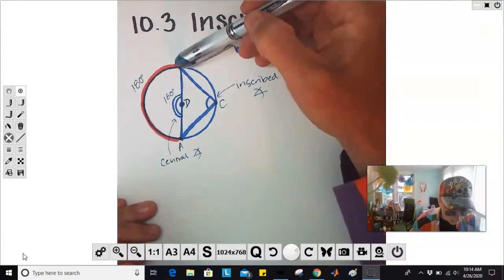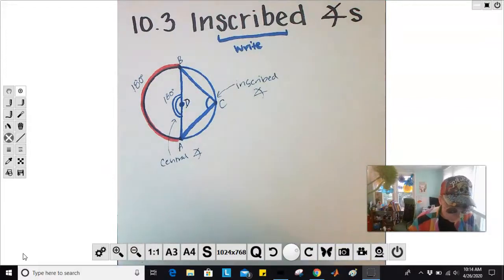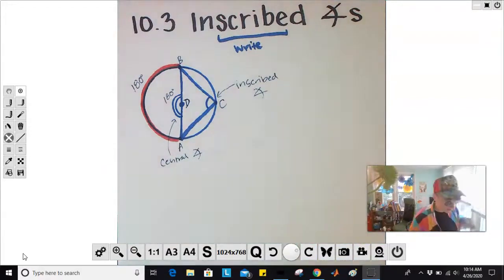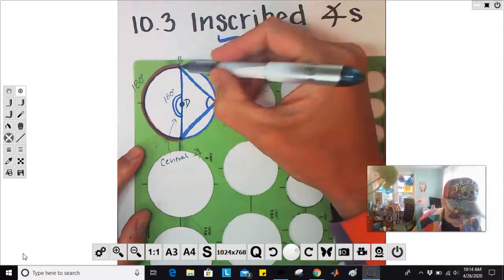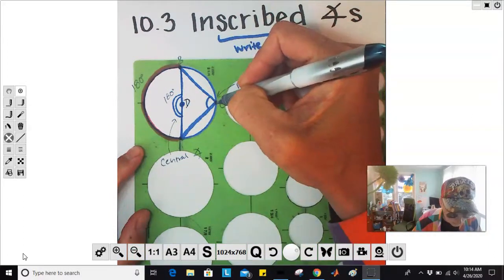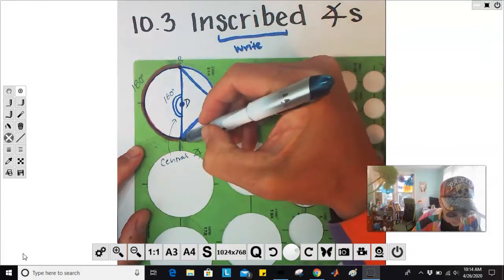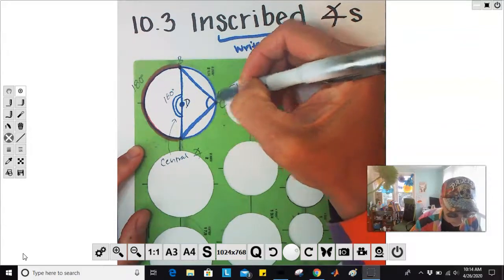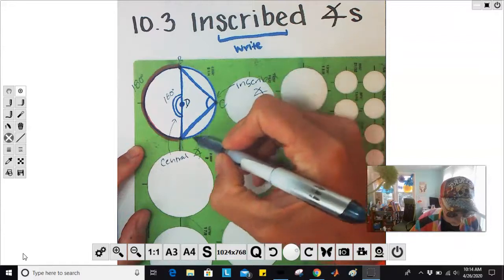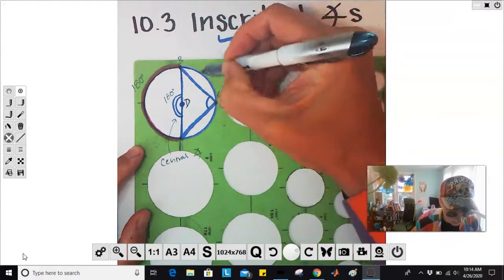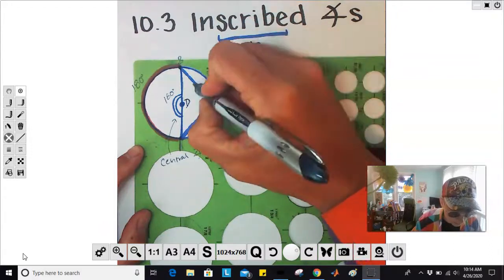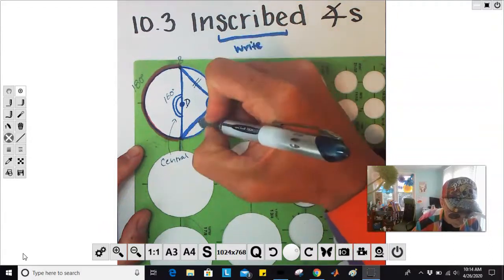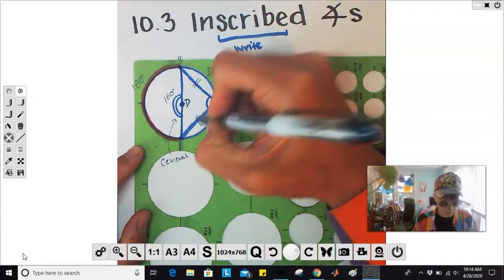Turns out, when I made the circle and I made these dots, I made a dot right here, which was exactly halfway between these two. So that would have been 90 degrees. That would have been 90 degrees. These two arcs are the same, which means these two chords are the same.